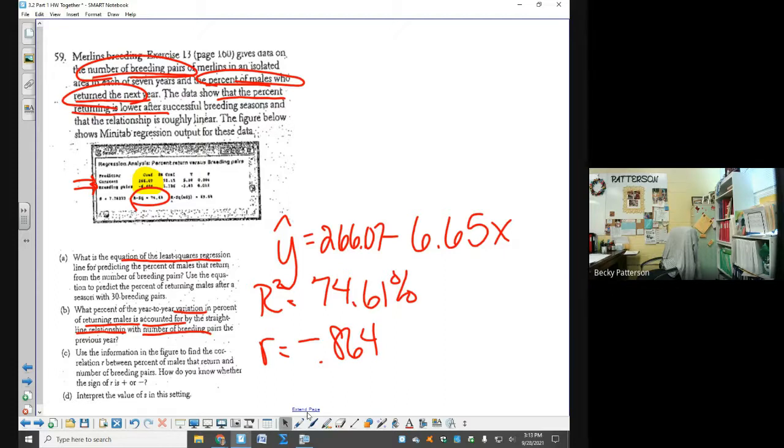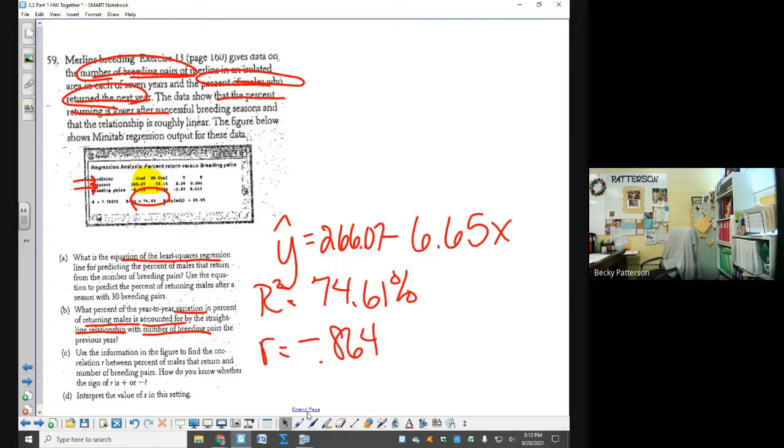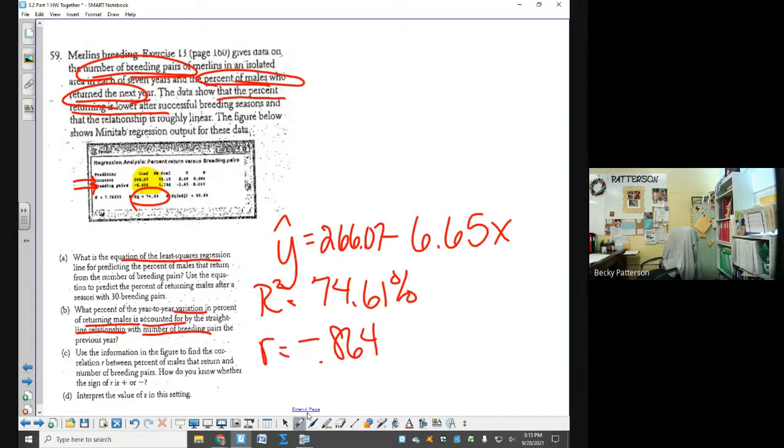When using our prediction equation to predict, what are we predicting? Percent of males that come back based on the number of breeding pairs. Our predictions will typically be off by whatever that number is right there. 0.762. Okay, I'm going to say it again.